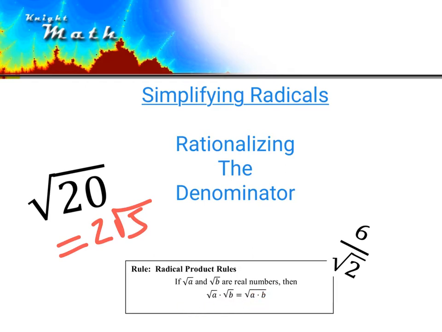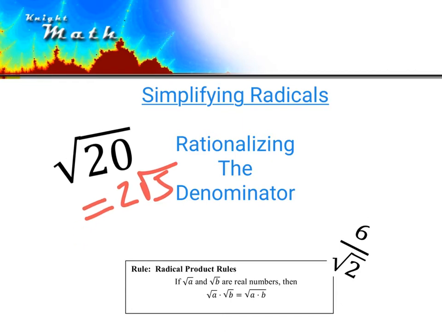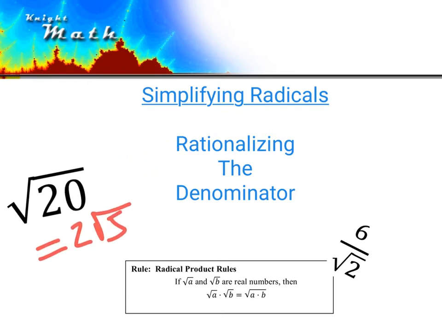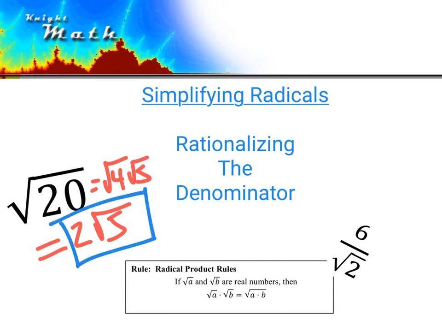So what we've seen with this square root of 20 is that we can write this as the square root of 4 times the square root of 5, because the square root of 4 we know, the square root of 5 we don't, but we get this form, which is simplified.